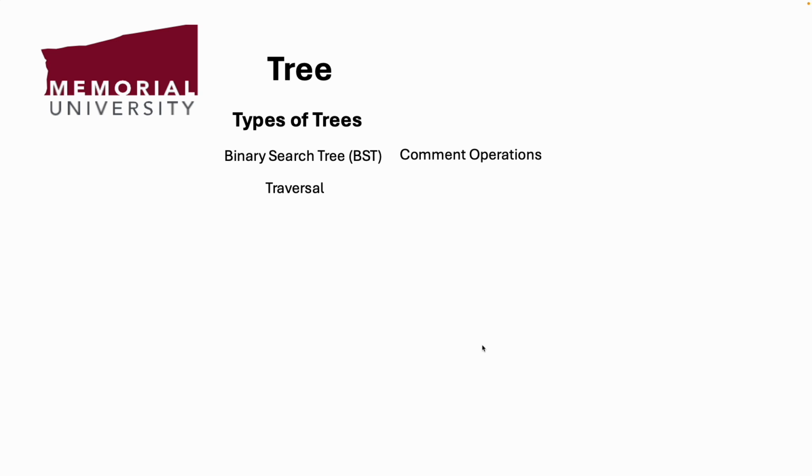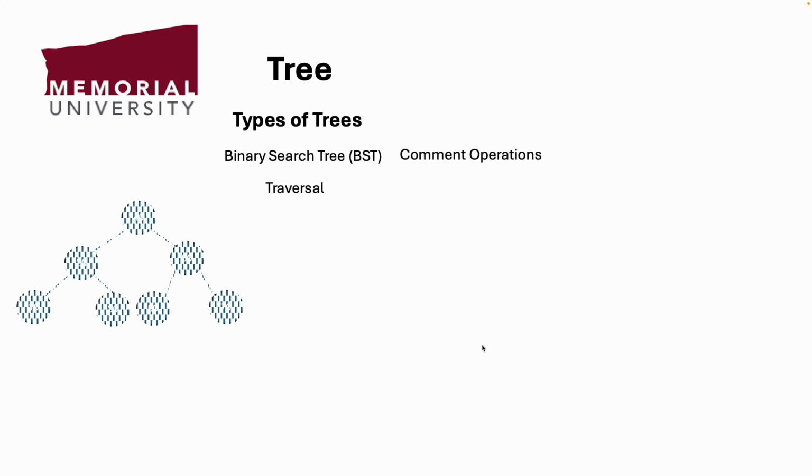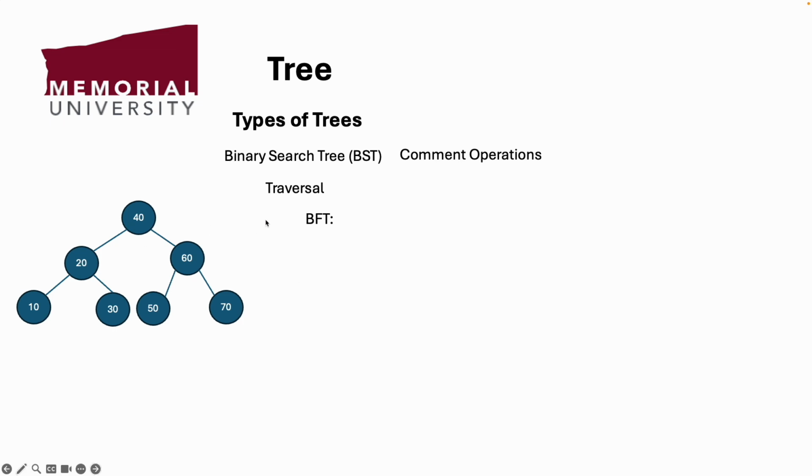Let's look at the traversal for the binary search tree. We have the same example binary search tree. Let's process the breadth first traversal. What do we get for the breadth first traversal?